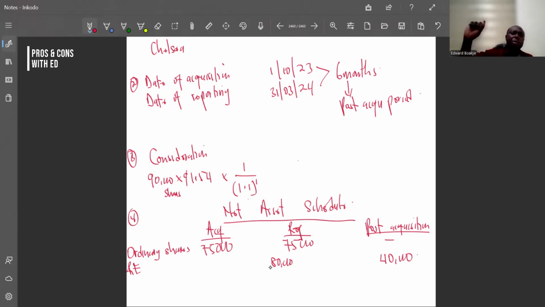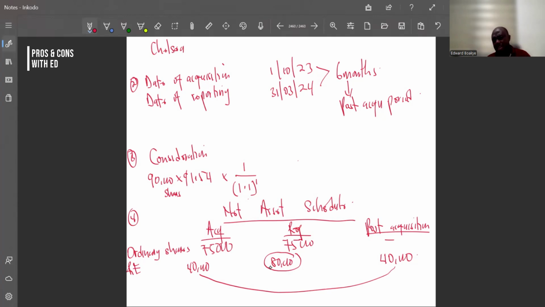But as at the time we were coming to acquire them, they had 40,000 of it, because we are taking 40,000 from the time we came to the time we are reporting. So it means that 40,000 existed even before I came. So these two are all profit for the year, and this one is the total profit for the year.